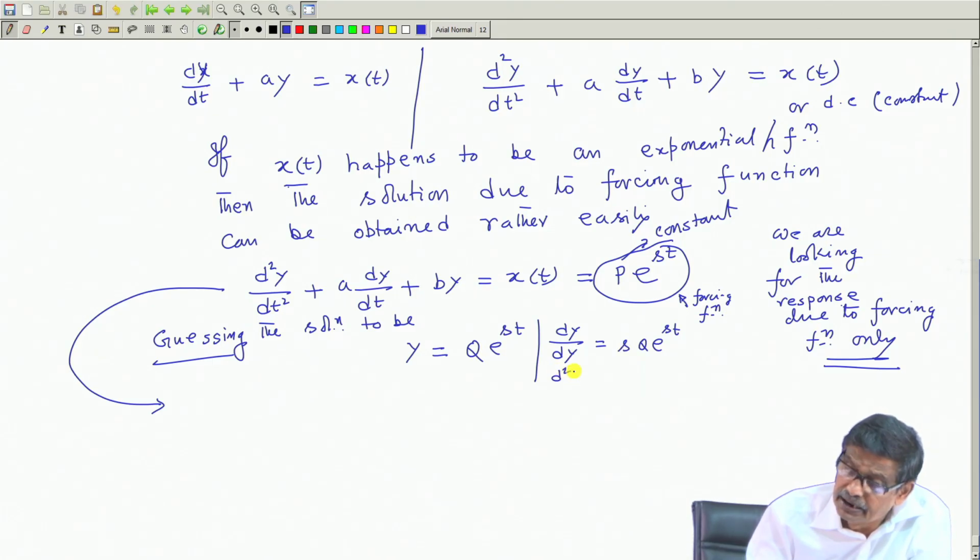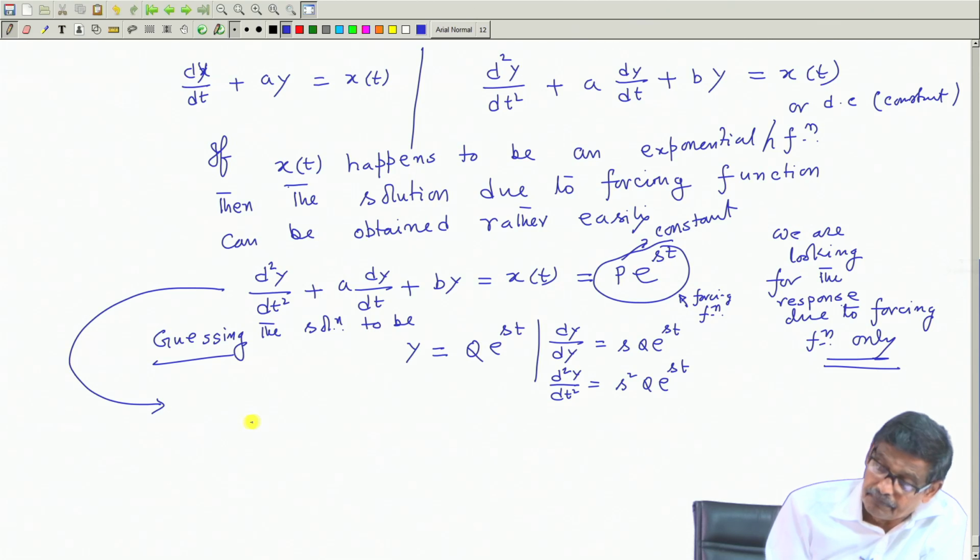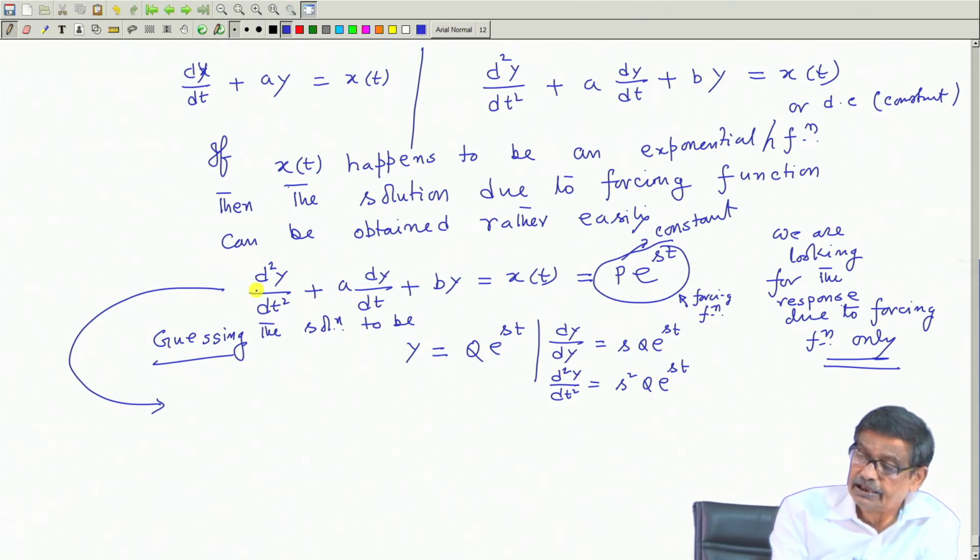And d2y/dt2 also I will require. If you differentiate it once more, it will be s square q e to the power s t, is it not? Then I put it here on the left hand side.